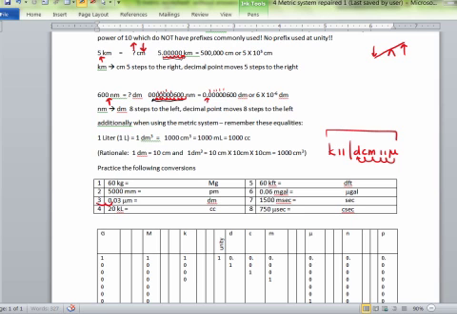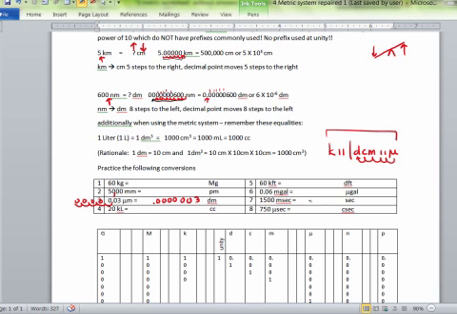I need to put more zeros on here, and there's a 0 that was already there. That would be 0.0000003 decimeters. You have this 0, and then you have 5 more.